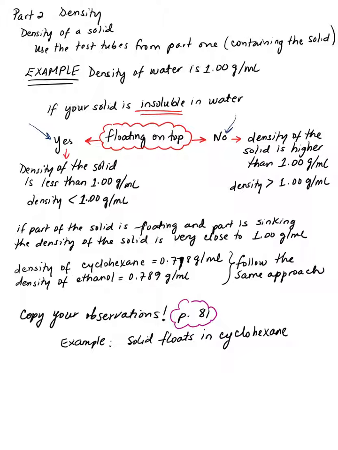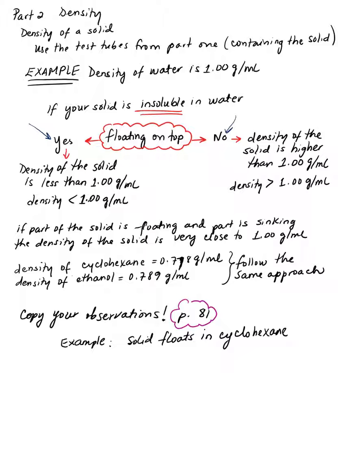So when you're looking at your test tubes, make sure that you copy your observations. You have your solid, soluble, insoluble, and then if it's floating or if it sinks in the specific solvent. So make sure that you write down the solid was floating in water or it sank in ethanol. Copy everything in page 81.